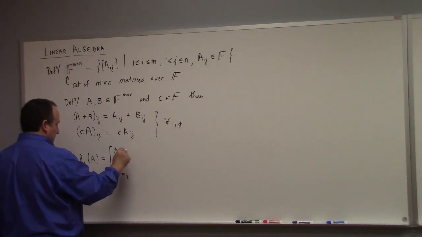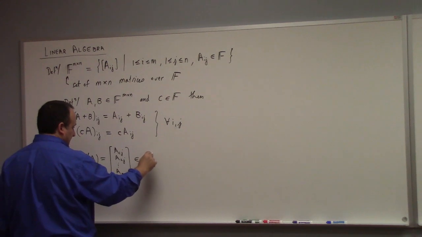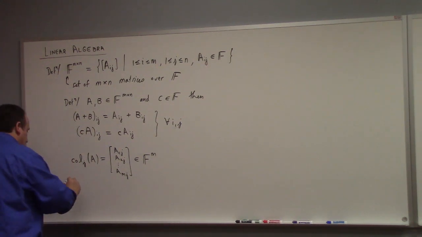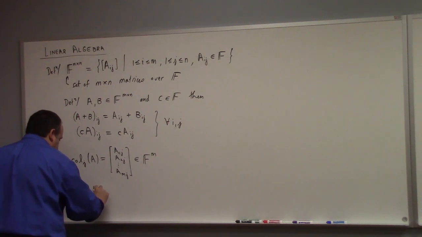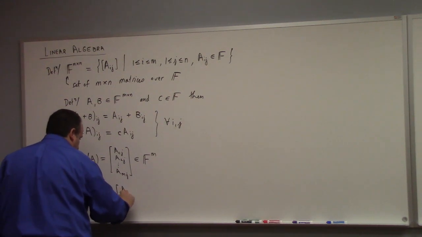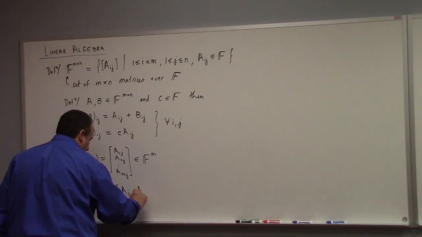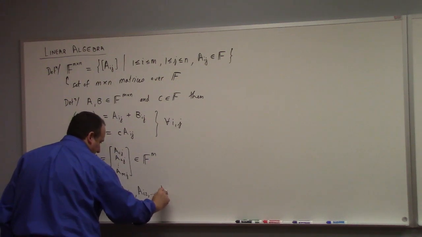So the jth column is identified as a column vector in F^m, where F^m is the set of m-vectors over F. And of course we can also talk about the ith row of A, which is given by a_i1, a_i2, through a_in.